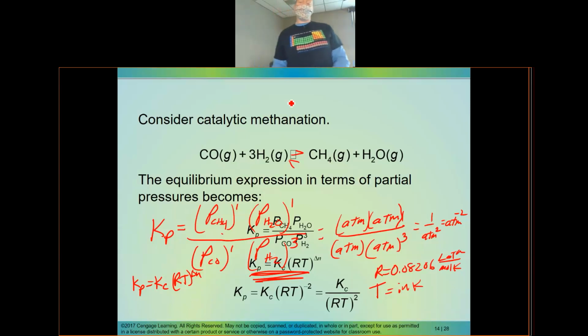Delta N, the most important one. You knew all those already. Delta N is moles of gas products, so you add up all the coefficients of the gas products, only the gases, minus the moles of reactant, so the coefficients of the gas reactants.